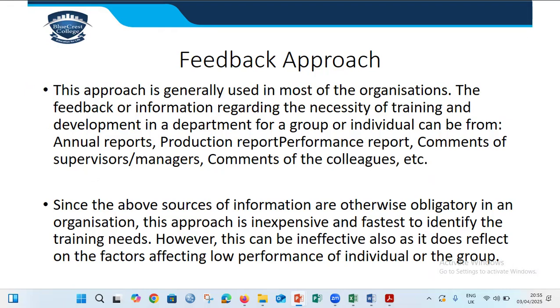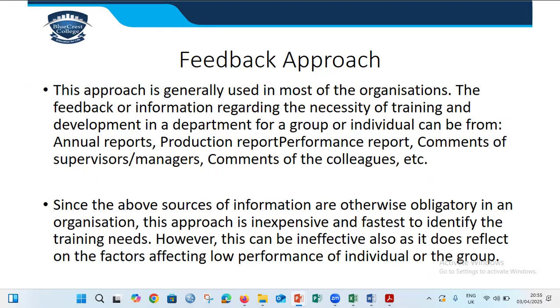Based on feedback or comments or reports from all of the stakeholders in the organization, it will inform the kind of training that an employee needs.